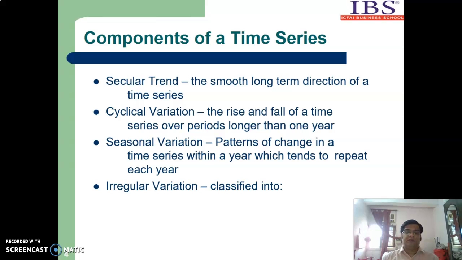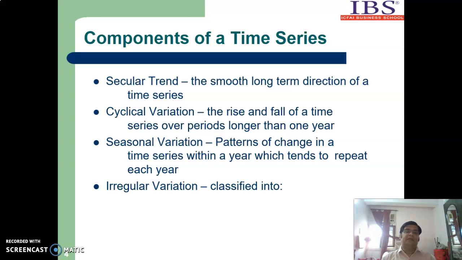In any business, suppose the sales trend, whether it is increasing, whether it is decreasing, or it is constant, or it is first increasing and then decreasing after some period of time. So this is a trend equation, what we call, it's a long-term direction of a time series.